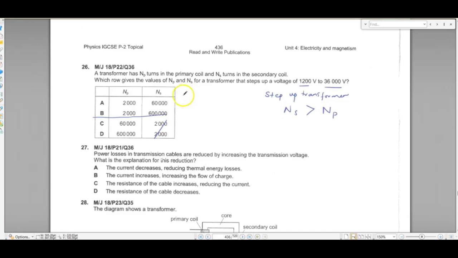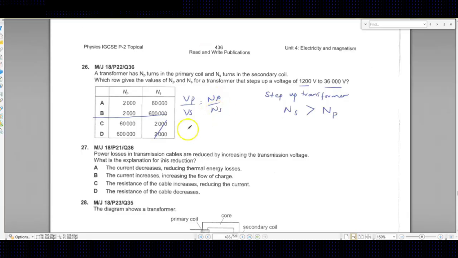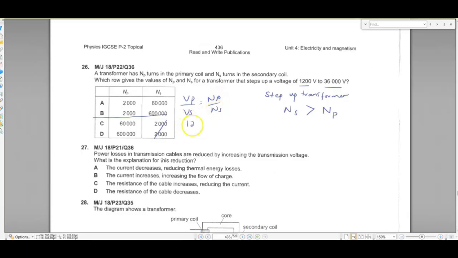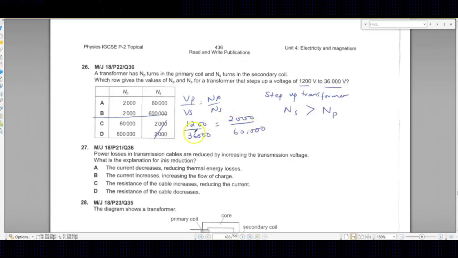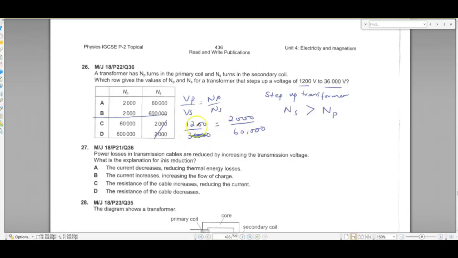Now we have Vp over Vs is equal to Np over Ns. So we will use 1200 over 36,000 is equal to 2000 over 60,000, and one of the values we can omit now. Which value should we omit? Okay, we can omit this value.